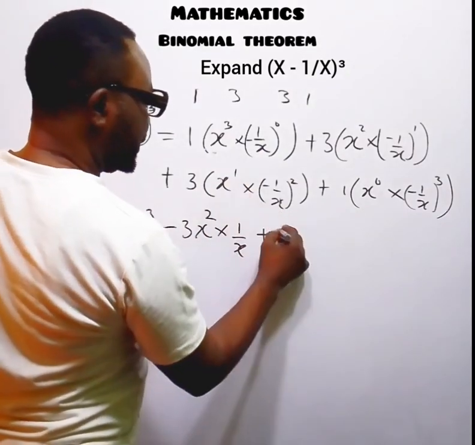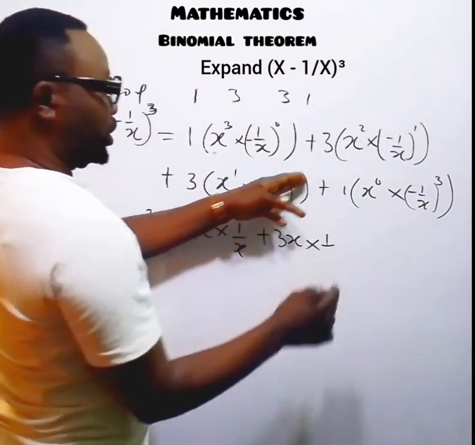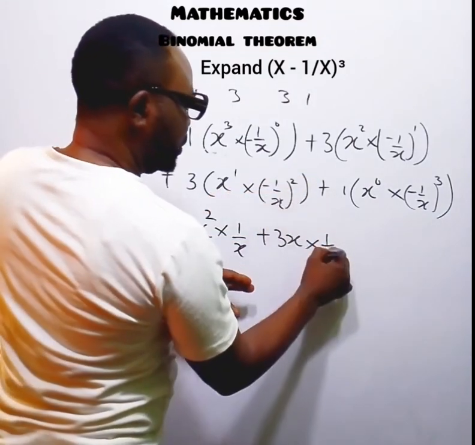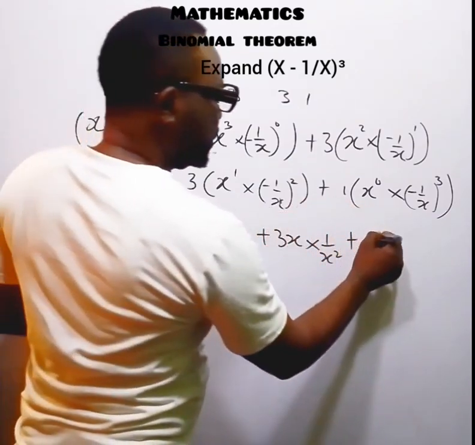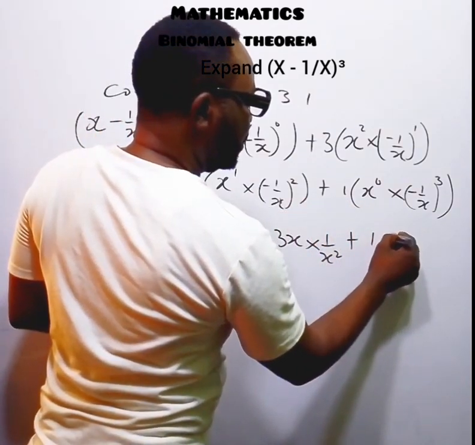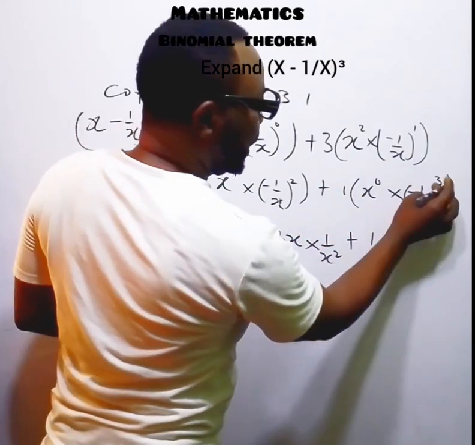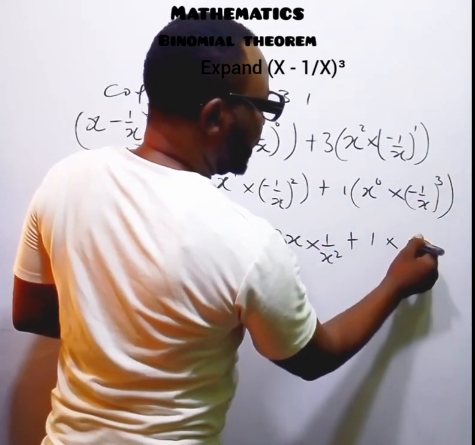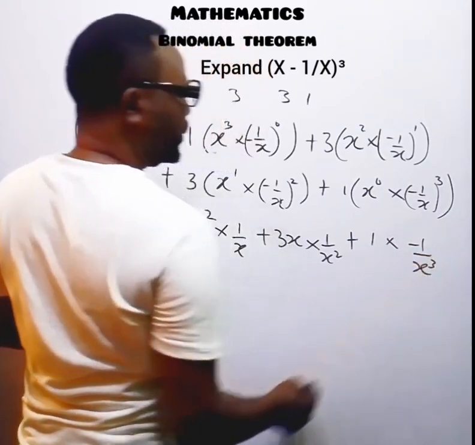Plus 3x multiplied by 1 raised to the power of 2, 1, x raised to the power of 2 is x squared. Plus 1 multiplied by, this is 1 outside here. We know that this is 1 multiplied by minus 1 raised to the power of 3. That is minus 1 as well, over x raised to the power of 3.